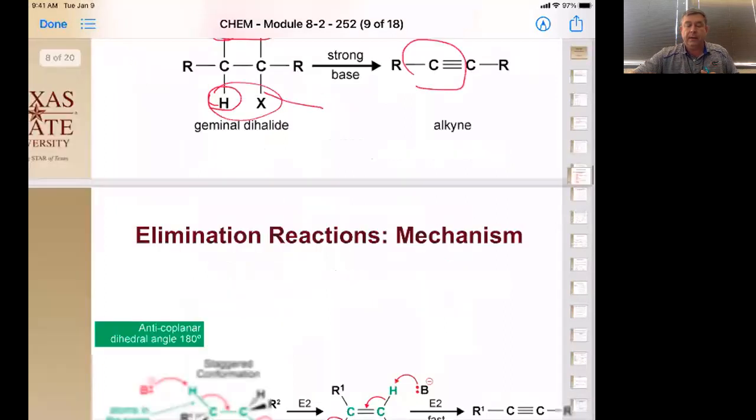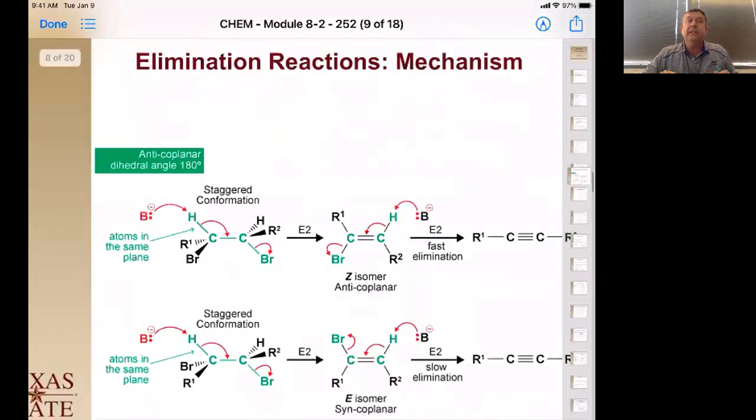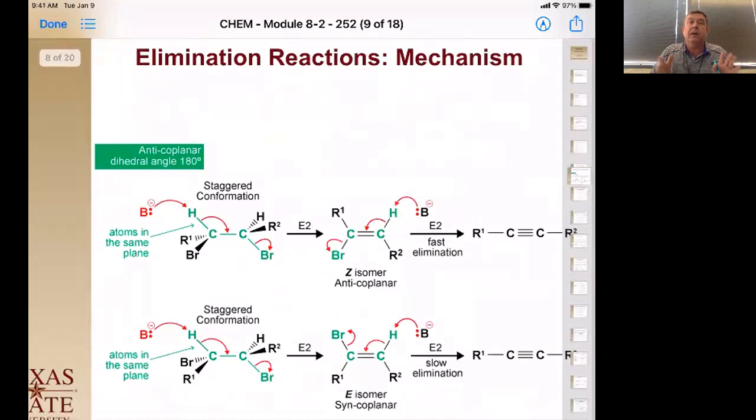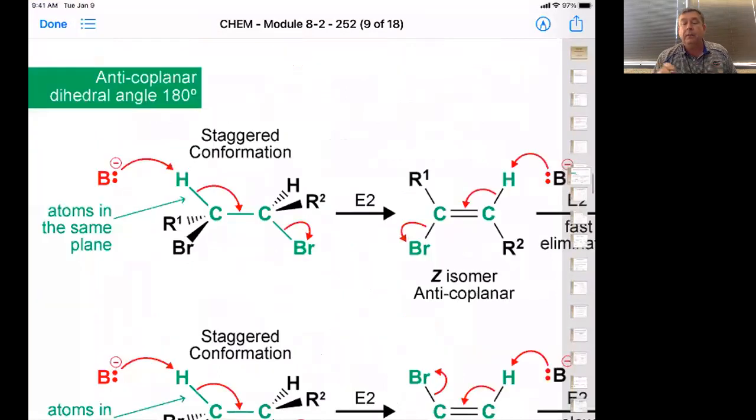Okay, all right. So the mechanism is basically the same as we saw in the alkenes, but it's got a second step to it. In the first step here, we like to have our E2 elimination happen where our base is pulling off the hydrogen and it's in that anti-configuration to the halogen that's leaving.